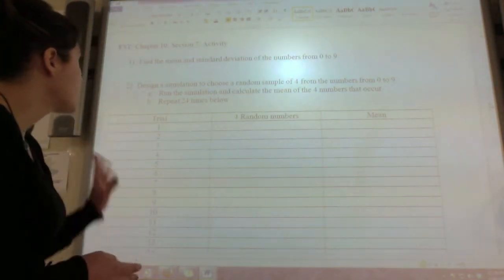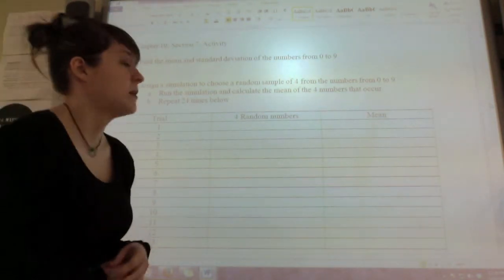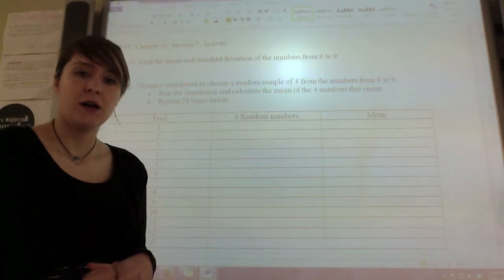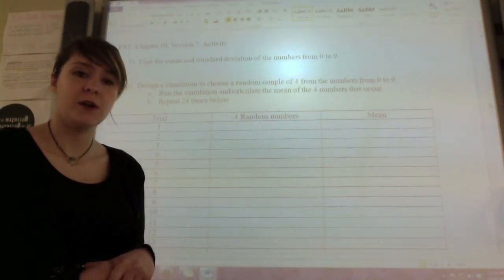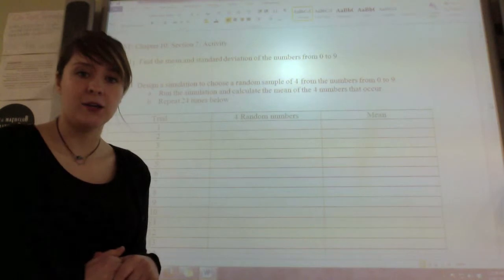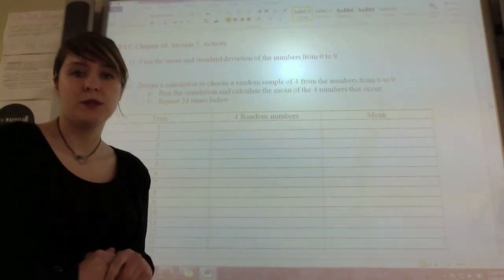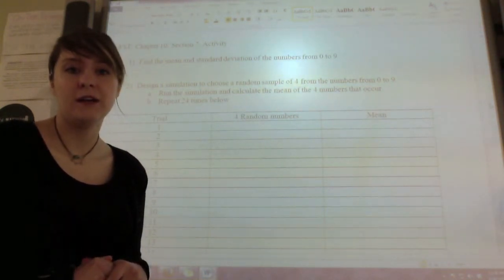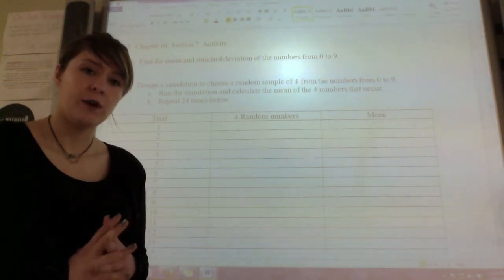So the first thing they ask is to find the mean and the standard deviation of the numbers from 0 to 9. If you are not sure how to do that, you can always go to Stat Edit on your calculator, and in your list 1, just enter the numbers 0 through 9. And then you can go to your one variable stats.